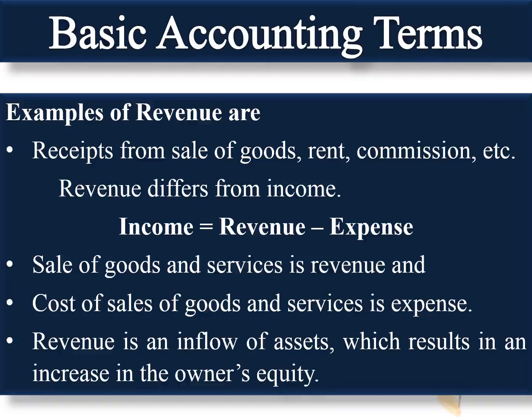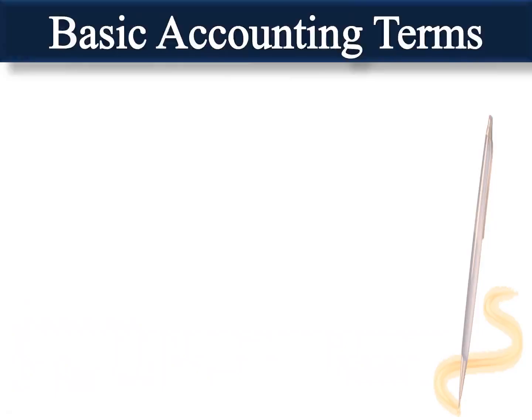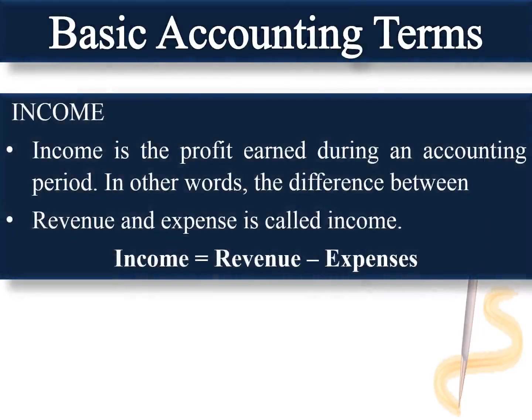So revenue is an inflow of assets which results in an increase in the owner's equity. Income. Income is the profit earned during an accounting period. So in other words, the difference between the revenue and expenses is called income.